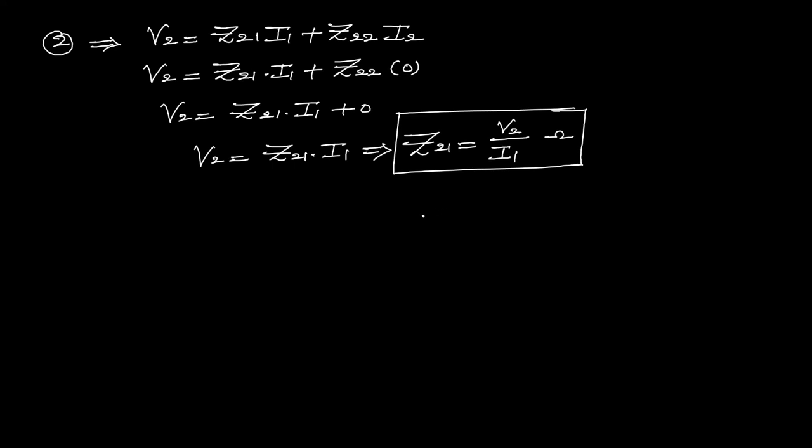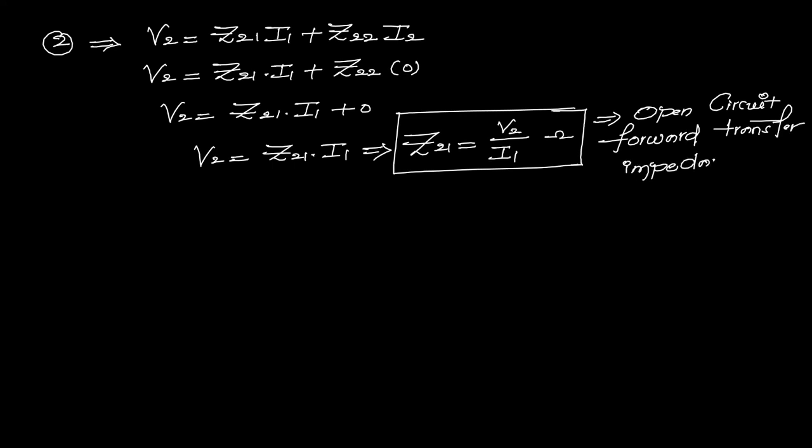Now Z21 is a mutual impedance connected between port 1 and port 2. We can also call Z21 the open circuit forward transfer impedance.